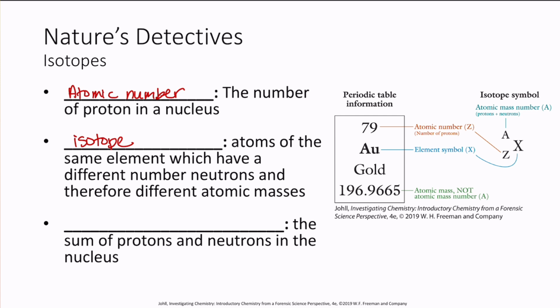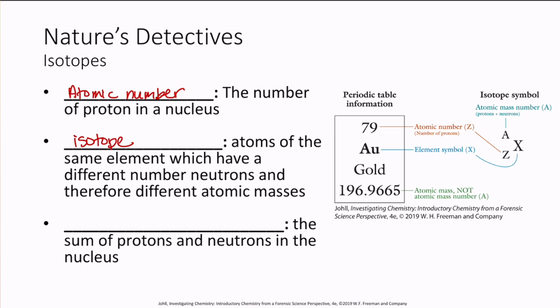I'm not messing with the identity because that's the proton's job. So the only thing I'm really affecting is the atomic mass. So I can have an atom that has different isotopes, and those different isotopes are going to have different atomic masses.